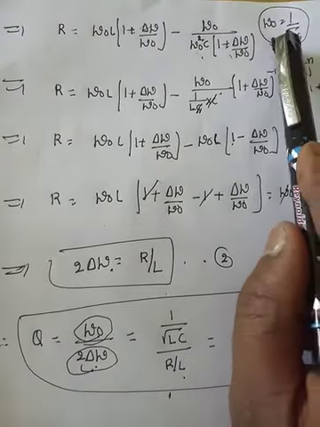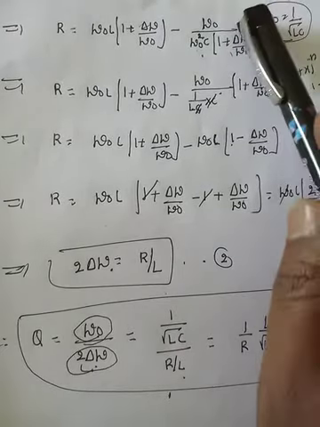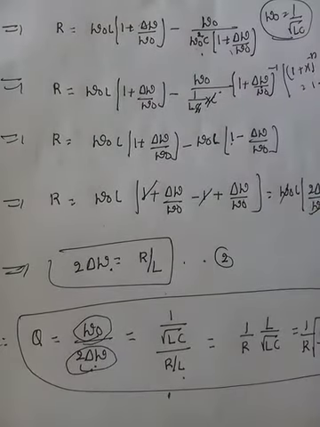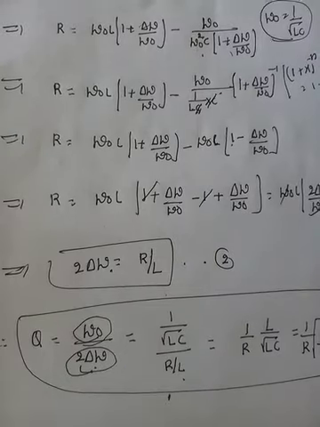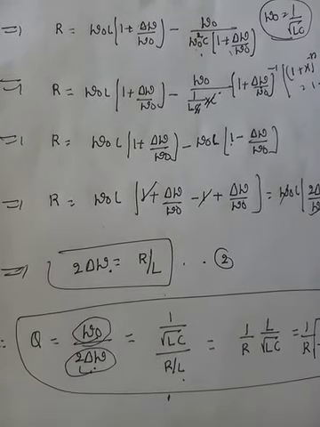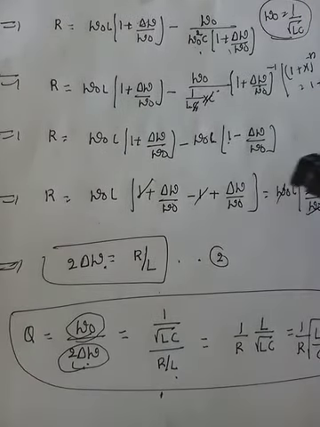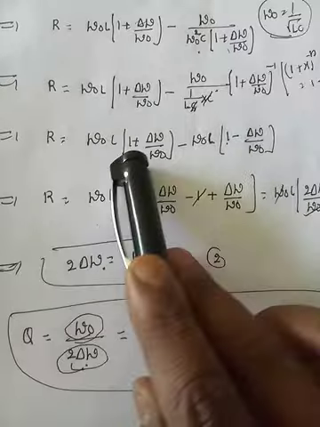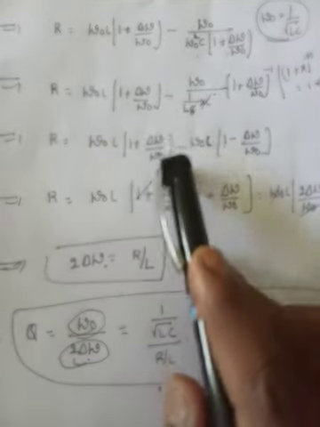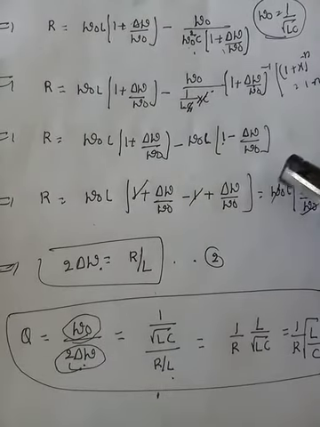What is omega naught? 1 by root LC. Substitute the value, C cancels. This I send to the numerator, becomes 1 minus 1, right? There is the binomial expansion: 1 plus x whole power n as 1 minus n x. We are limiting the value to only two terms, that is omega naught L into 1 plus delta omega by omega naught minus omega naught L into 1 minus delta omega by omega naught.